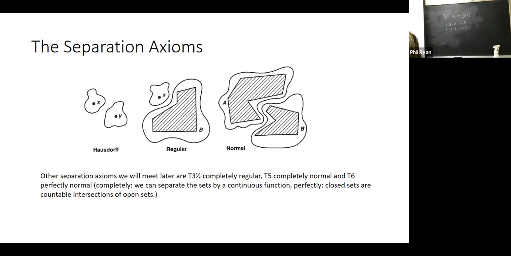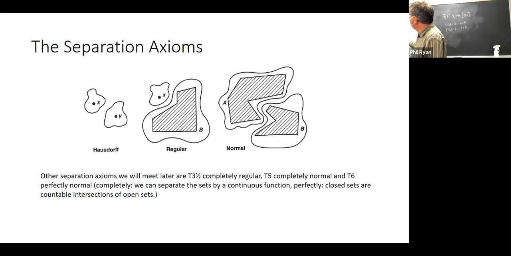And perfectly normal means it's normal and closed sets are countable intersections of open sets. You might think, well, isn't that a countability axiom? It turns out to be a separation axiom because if a normal space is perfectly normal, then it behaves a lot nicer.